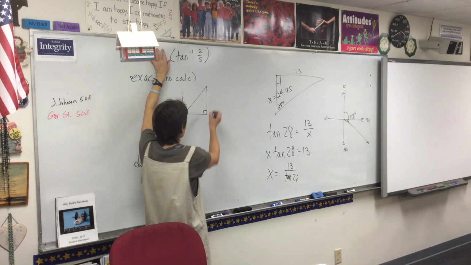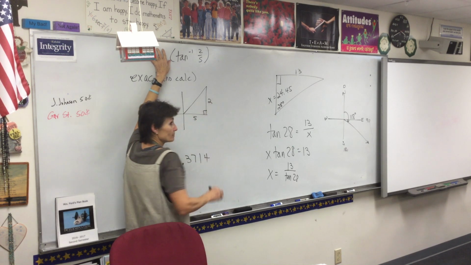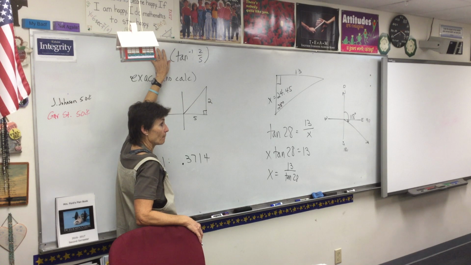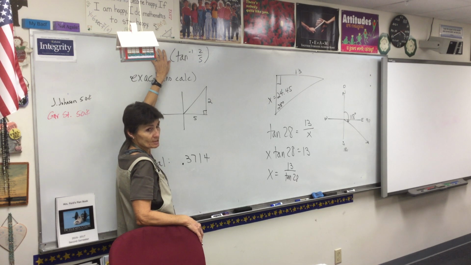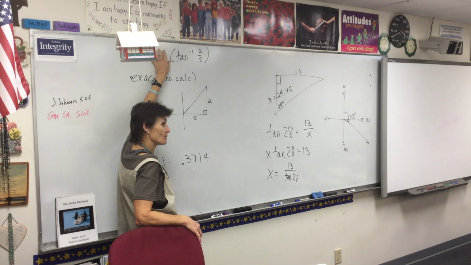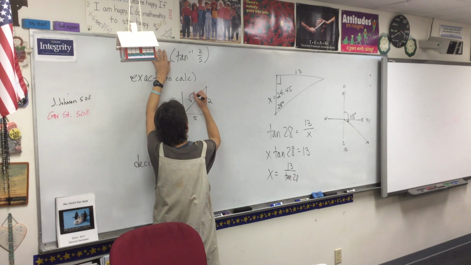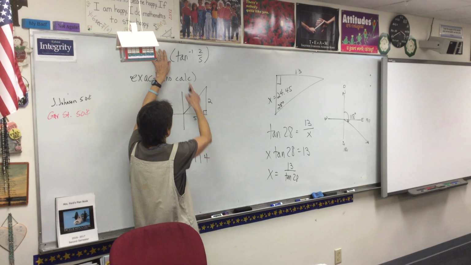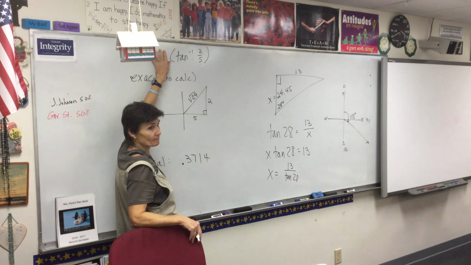So the tangent is 2/5. Opposite over adjacent. What do I have to do now? Hypotenuse. Using the Pythagorean theorem, what do you come up with? Root 29.